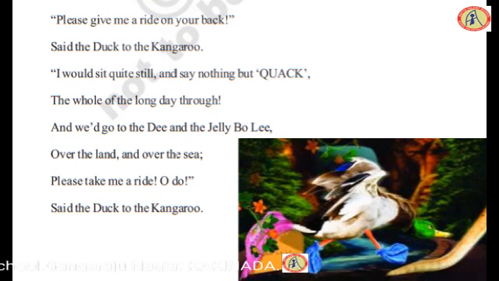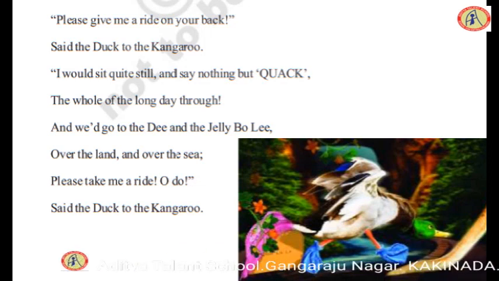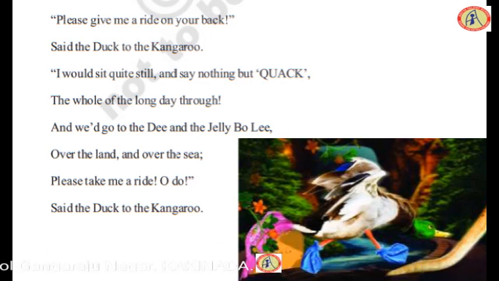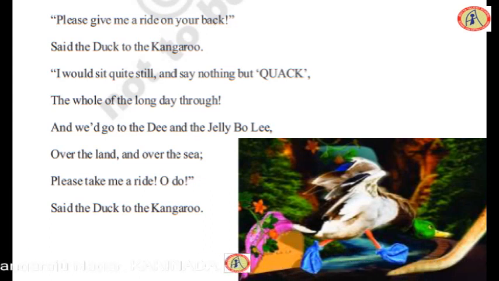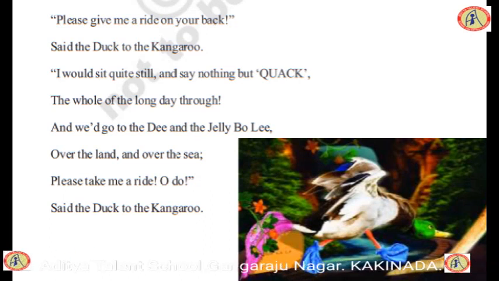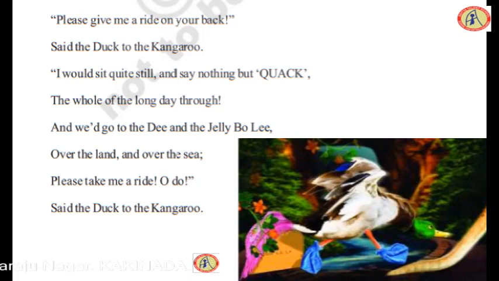This is an imagination. What are the words said by the duck to the kangaroo? If you take me for a ride, I would sit quiet, say nothing, but only my voice. What is it that it is going to give? The sound quack, quack, quack. The whole day through. The whole of the long day, I don't speak anything.